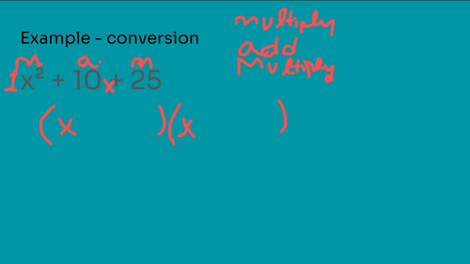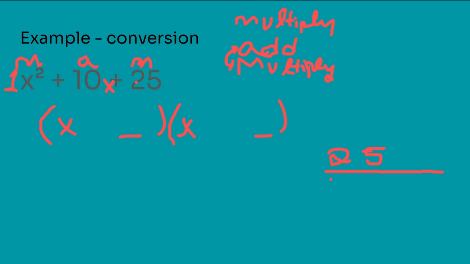Now here's the tricky part. These two are related. Whatever multiplies must add as well. So these two numbers have to add and multiply to B and C respectively. So we're going to look at 25 and see what numbers add to 10 and multiply to 25.